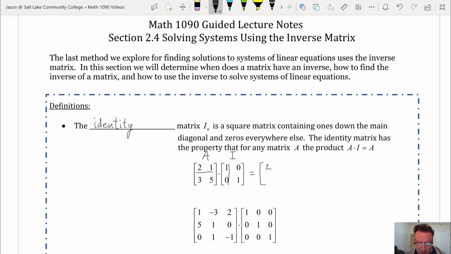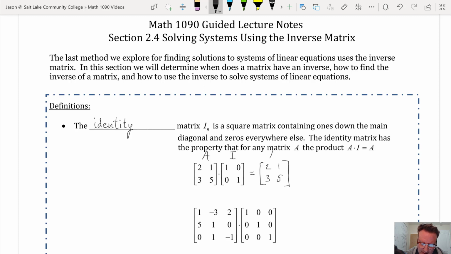And if I pair up the first row with the second column, I get 2 paired with 0 and 1 paired with 1, so I get a 1. Now if I pair up the second row with the first column, I get 3 times 1 plus 5 times 0, that's 3. And with the second row and second column, I get 3 times 0 plus 5 times 1, which is 5.